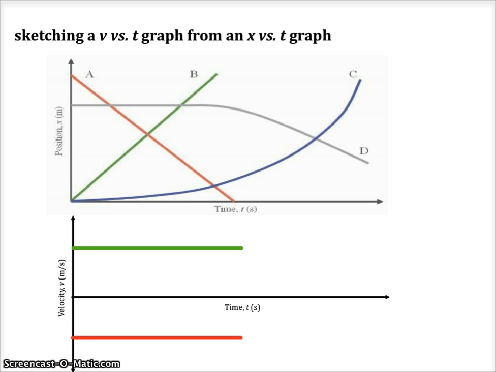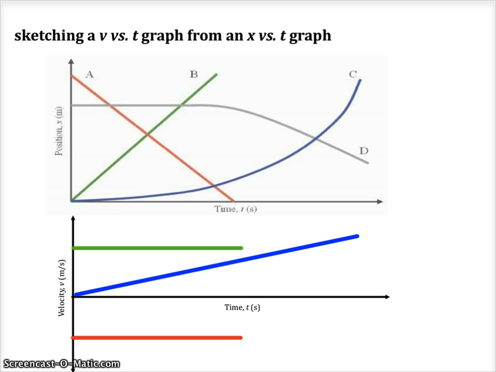Graph C has a slope that is initially 0, it's very flat, and then gradually the slope gets greater and greater. Remember, slope on the top graph tells us how fast the object is going. So this object keeps on going faster and faster. It's speeding up. This would look like a diagonal straight line on the velocity graph. The object's velocity is increasing after starting at 0 speed, not moving, and just gradually speeding up.